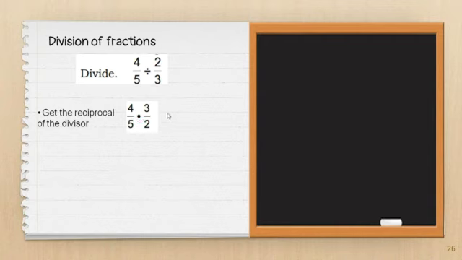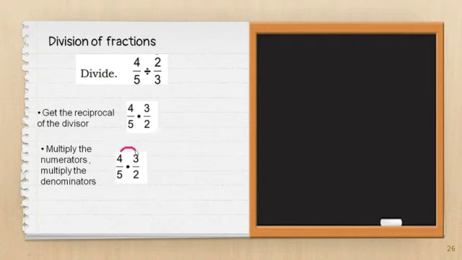After that, we can multiply now the numerators and denominators. Kagaya ng rule natin sa multiplication kanina, di ba? So, we have 4 times 3, that is 12, over 5 times 2, that is 10. Tama? So, we have 12 over 10. But, we can still reduce that in lowest term.